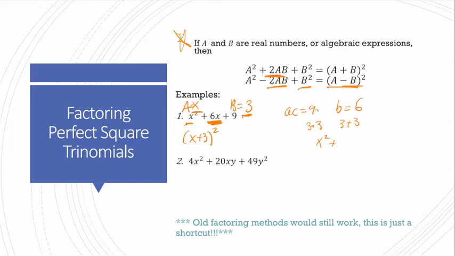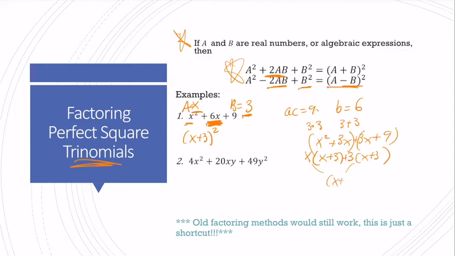So I'd have x squared plus 3x plus 3x plus 9. And then we'd go ahead and factor by grouping. To me, this is the easiest way. That way you don't have to memorize anything. You can always verify, because what if it didn't fit this perfect square option? I think that's where I would get easily tripped up.